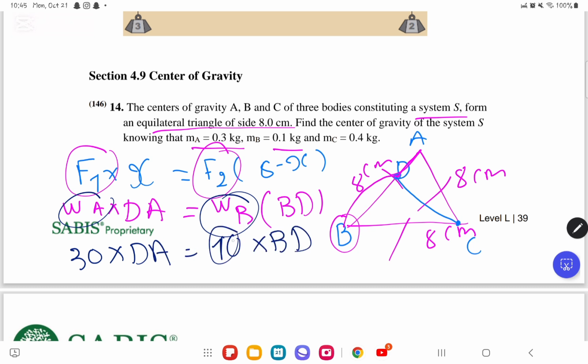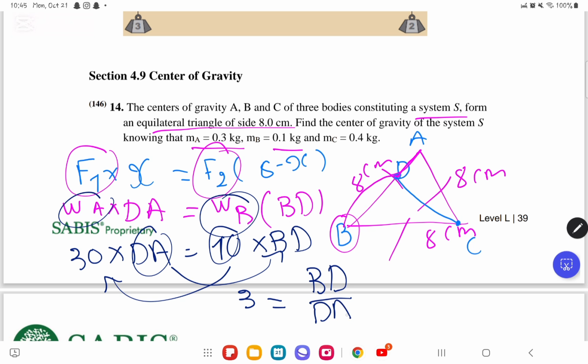Then bring this to the other side. You will get that 30 over 10, which is 3, is equal to BD over dA. So like that we found the center of gravity. So the center of gravity of A and B is equal to 3 centimeters.